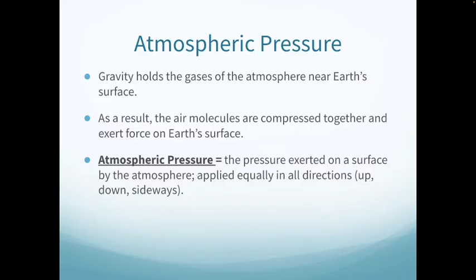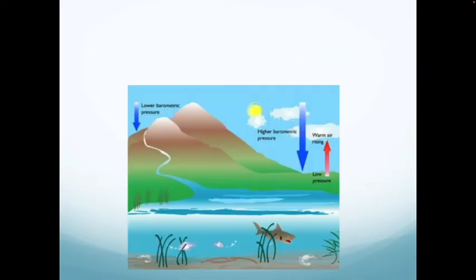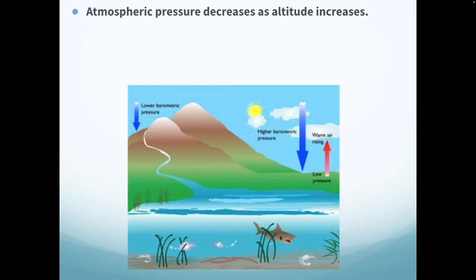Atmospheric pressure equals the pressure exerted on the surface by the atmosphere, applied equally in all directions, up, down, and sideways. So, again, the atmospheric pressure decreases as altitude increases.